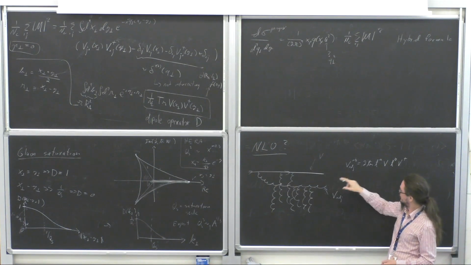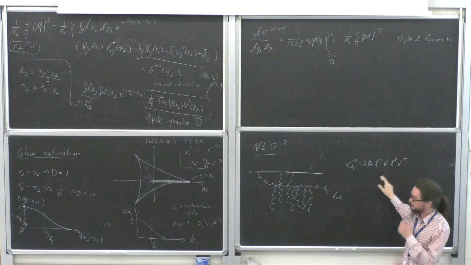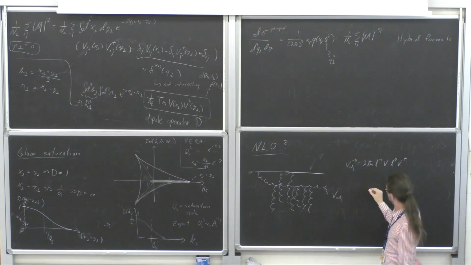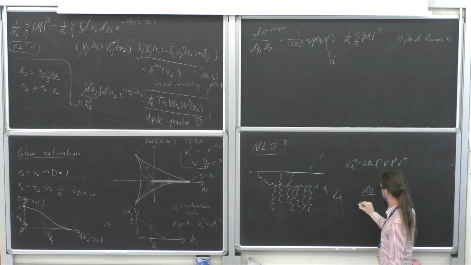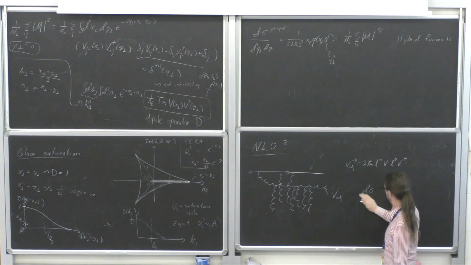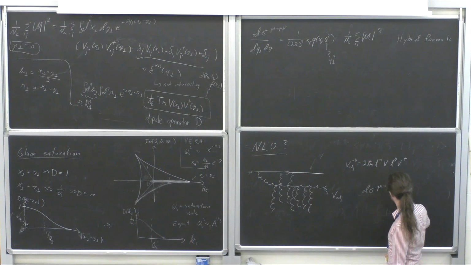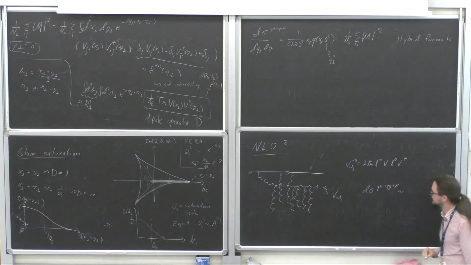So now if I use this formula in the amplitude, I will have d sigma, let me just write, quark nucleus going to quark gluon plus X, the cross section.